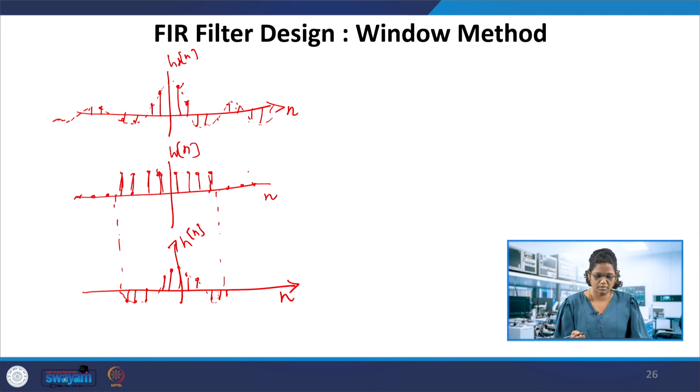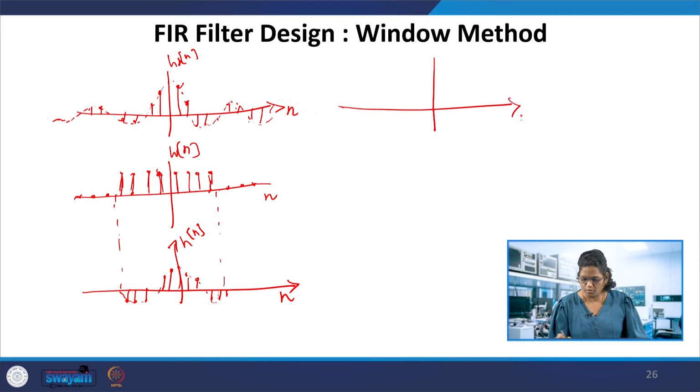will be 0. So in the frequency domain, if you consider the equivalent of hd of n in the Fourier domain, it is hd of e power j omega, or H of omega, for simplification. So this is going to be a function which is the rectangular low pass filter.